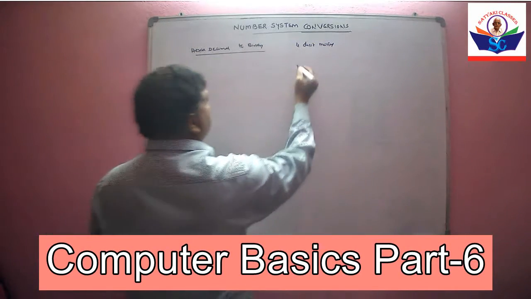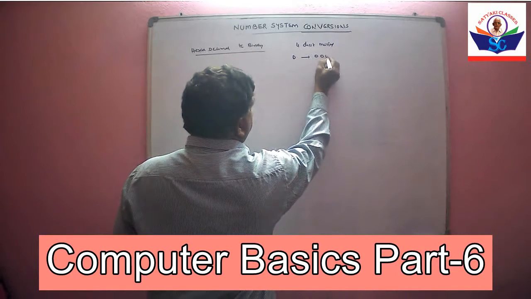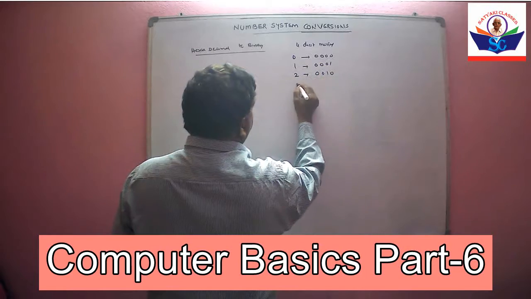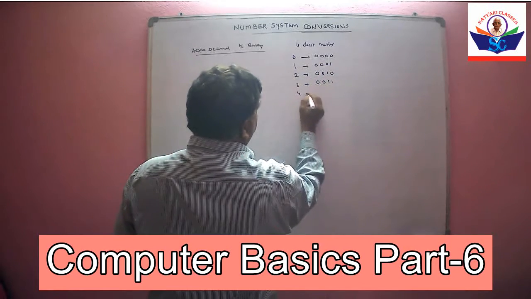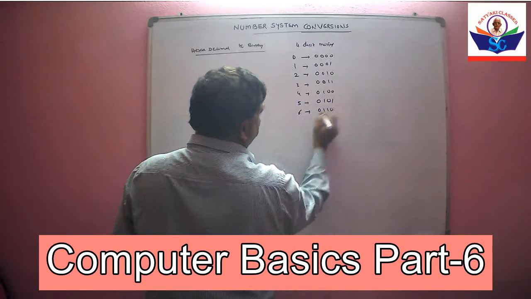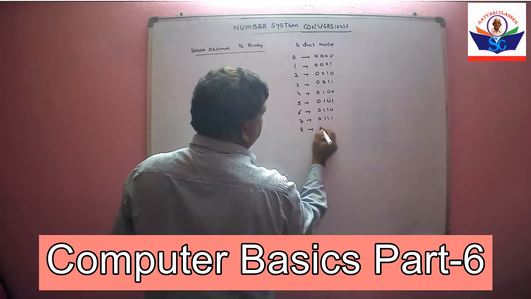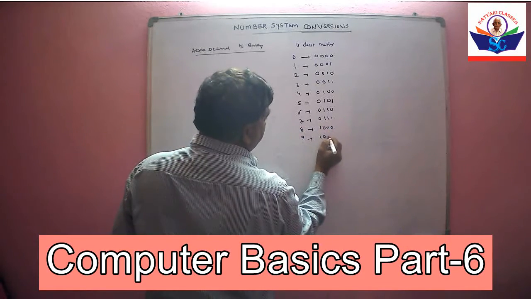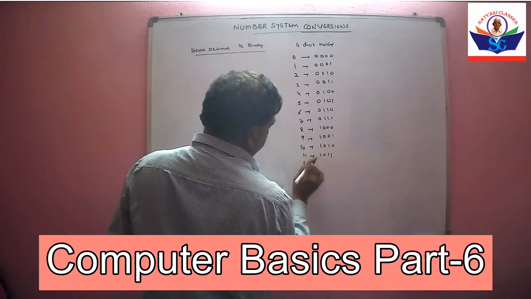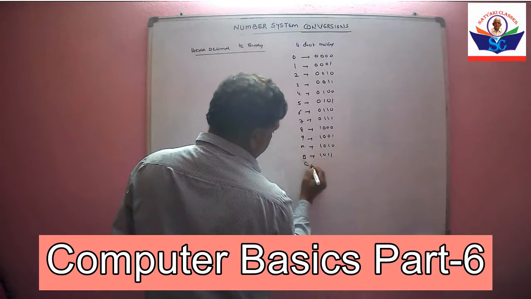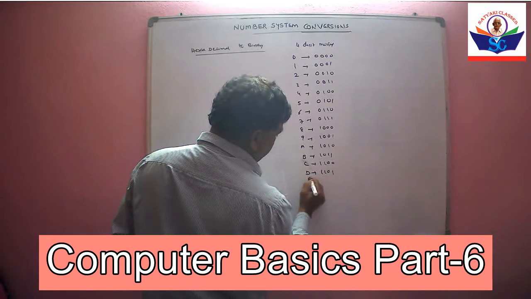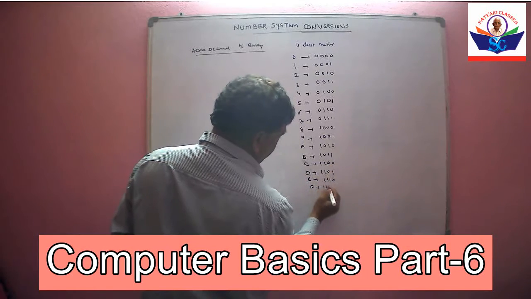4-digit method. That means for 0, 0 0 0 0; for 1, 0 0 0 1; for 2, 0 0 1 0; for 3, 0 0 1 1; for 4, 0 1 0 0; for 5, 0 1 0 1; 6, 0 1 1 0; 7, 0 1 1 1; 8, 1 0 0 0; 9, 1 0 0 1; 10 (A), 1 0 1 0; 11 (B), 1 0 1 1; 12 (C), 1 1 0 0; D, 1 1 0 1; E, 1 1 1 0; F, 1 1 1 1.